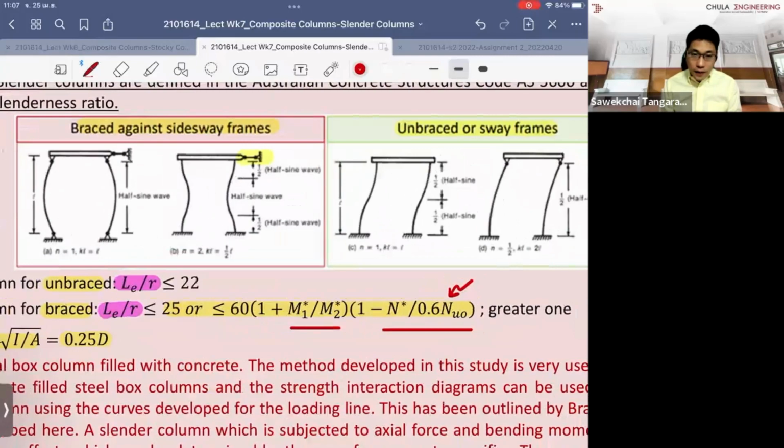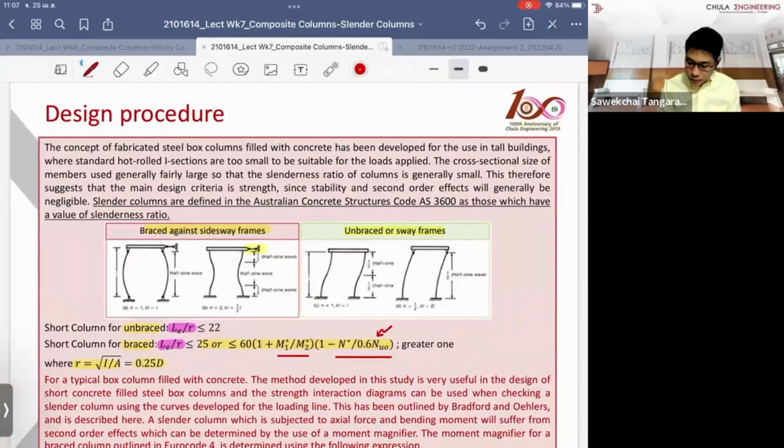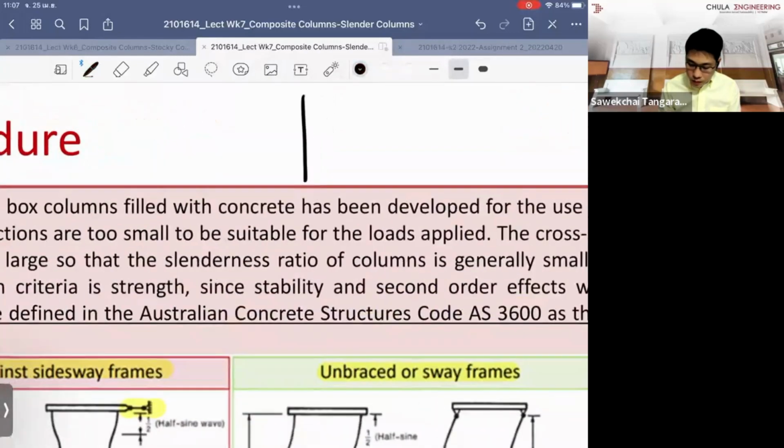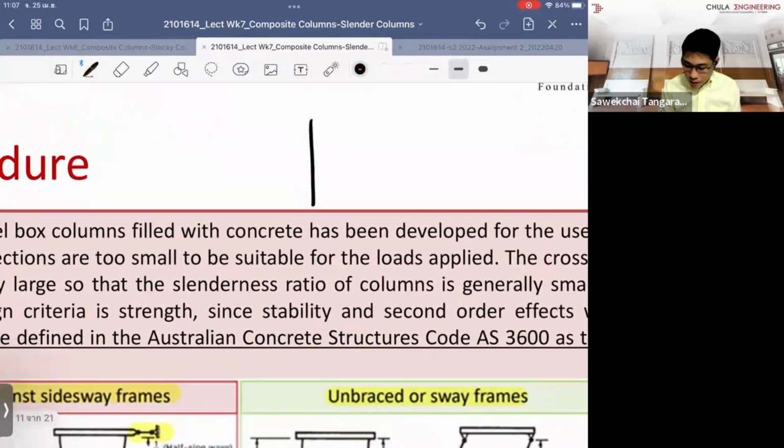The ratio of M1 divided by M2 is this, in the column. So I finish on this page then. Assume that you have the columns here.